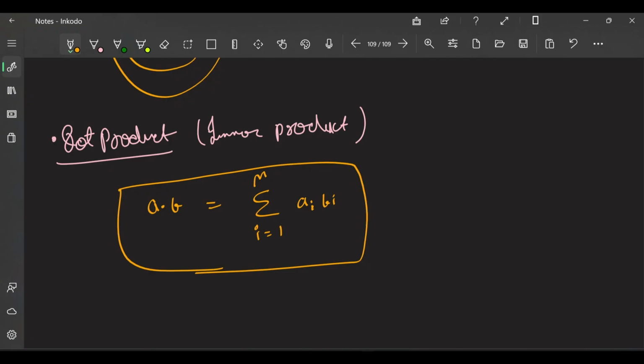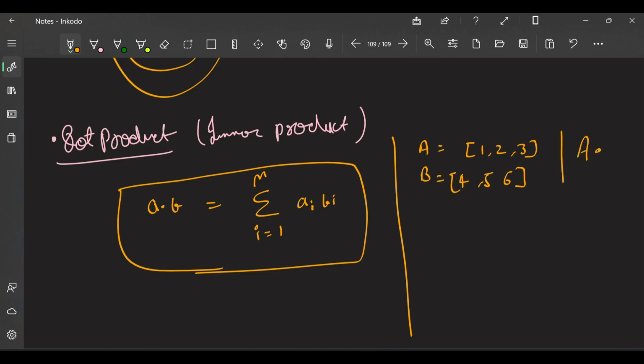Let's take an example and understand what it is. Suppose one vector is given, A is equal to 1, 2, 3, and B is given as 4, 5, 6, and you have to find A dot B. So how are we going to find that? First of all, you have to multiply each element.